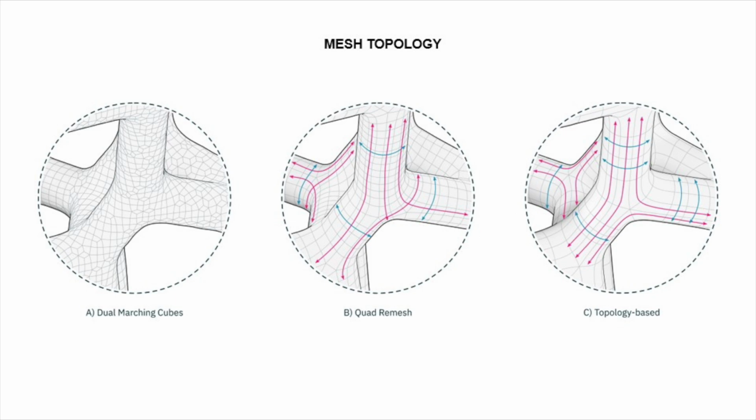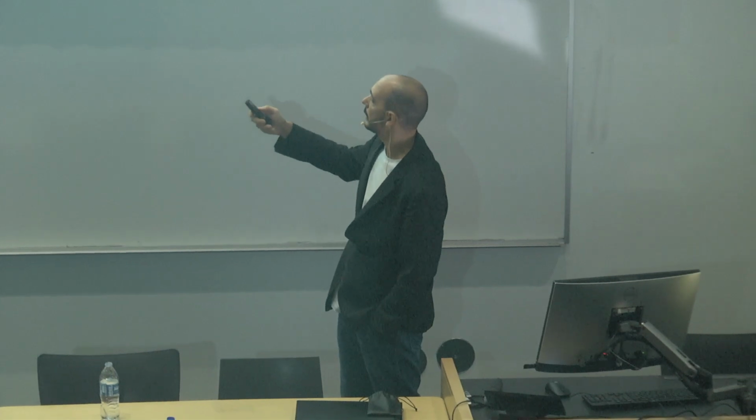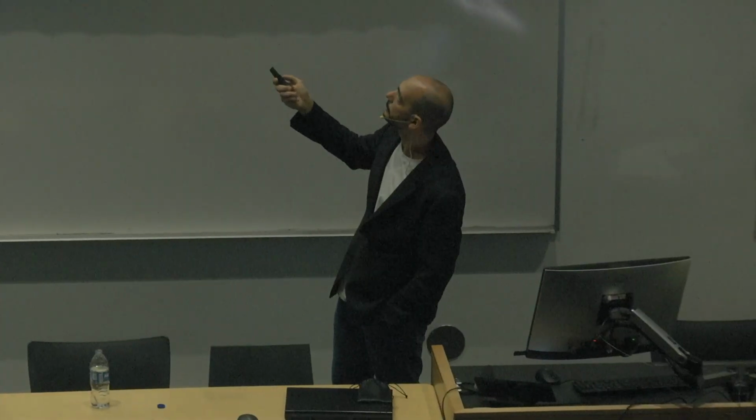You can try to clean it afterward using some strategies, but they usually don't work perfectly. So we had to work with a different modeling paradigm in order to achieve exactly the topology that we needed. And while working on that, it also became part of the Tissue add-on. So it became something that is available open source.